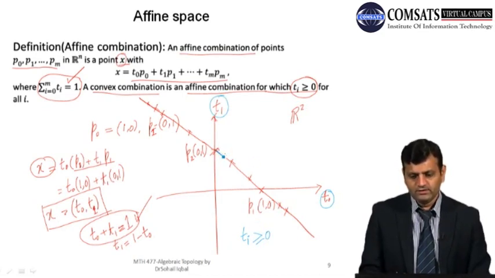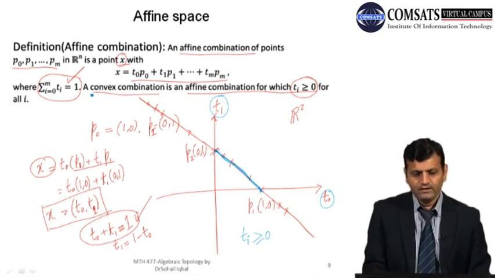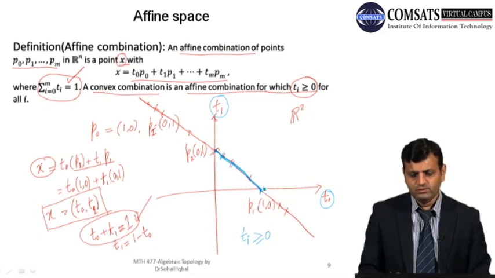In other words, this line segment is basically the collection of all convex combinations of these two points.